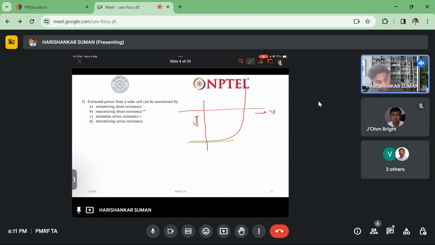So we know the ideal curve. Let's say this is VOC, JSC. A rectangular shape is ideal. Perfect squareness gives a 100% efficient solar cell, but we don't have that, if the losses are zero.